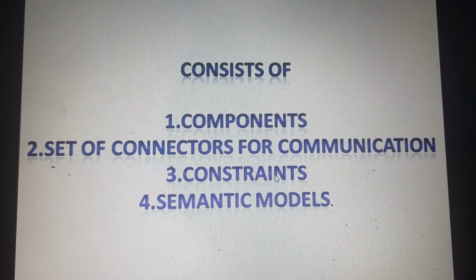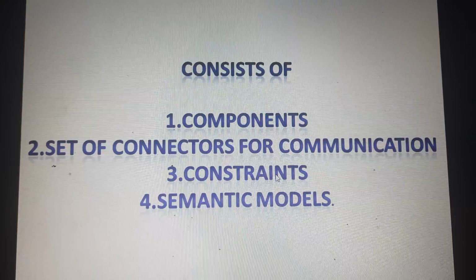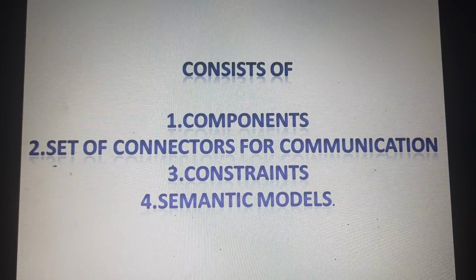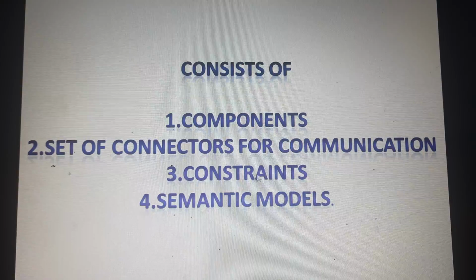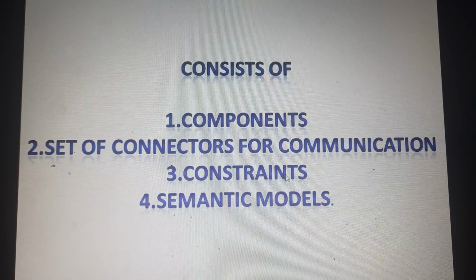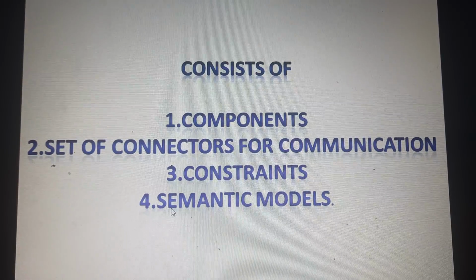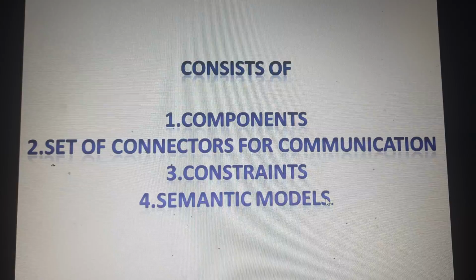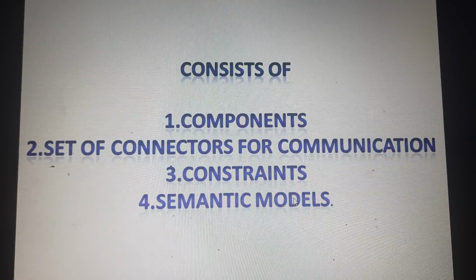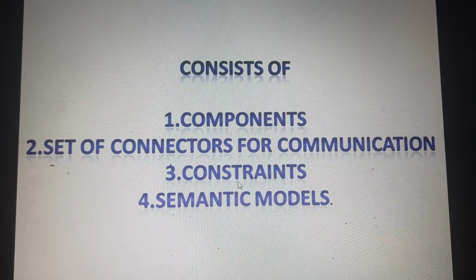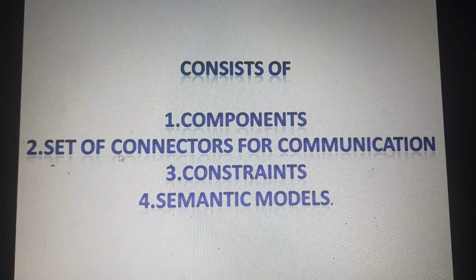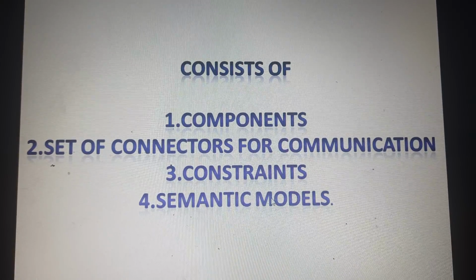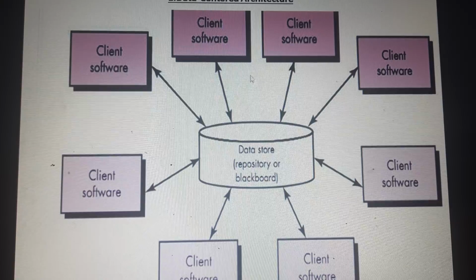Constraint means rules, restrictions. A house should contain only 4 rooms. This is the constraint. And fourth is the semantic models. Model means the styles. So what does the architecture style contain? Components, connectors, constraints and models.